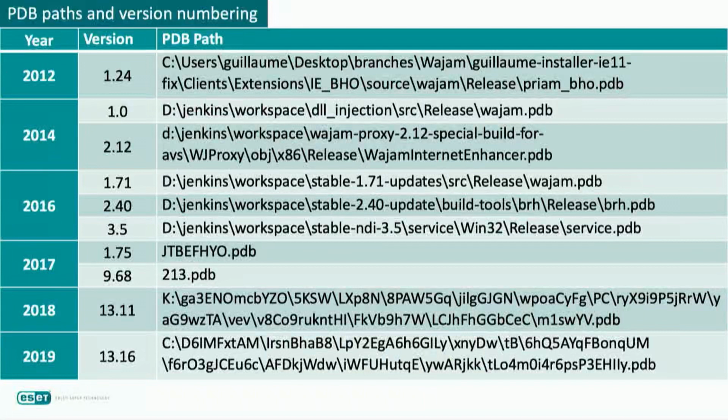And the most recent versions, in 2018 and 2019, are even more random and seem to follow a specific pattern, suggesting a possible automatic obfuscation. Also, the version numbering suggests there are certain versions, but actually we have only observed versions 1, 2, 3, 9, 11, and 13.